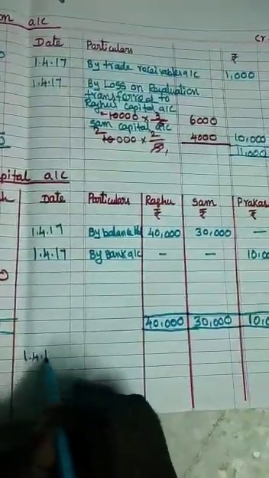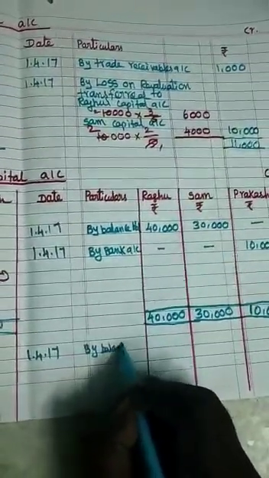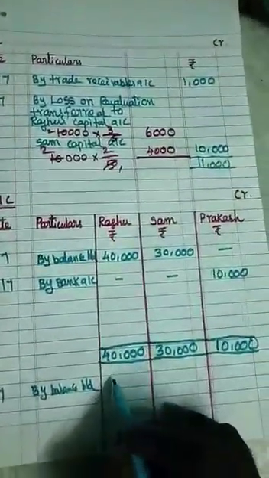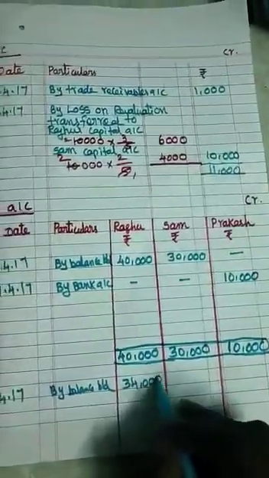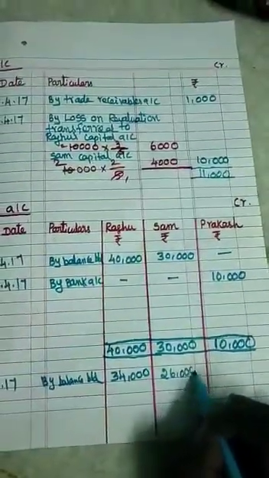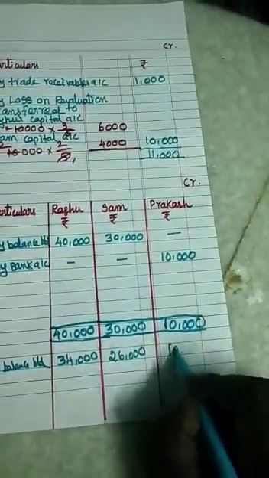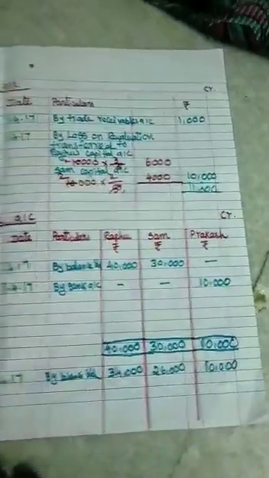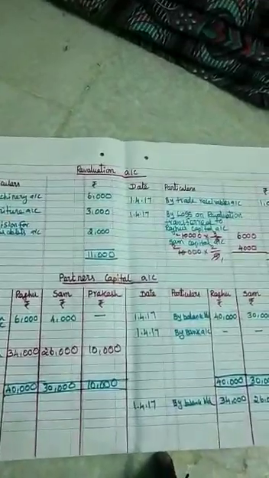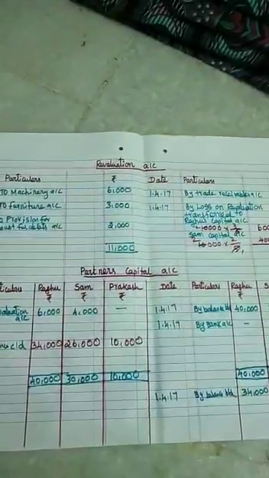I record 1/4/2017 by balance brought down: 34,000 for Rahu, 26,000 for Sham, and 10,000 for Prakash. Now it is recorded. So we have prepared the revaluation account and the partners' capital account. Then we have to prepare the journal entry for the revaluation and the amount brought in by the partner.